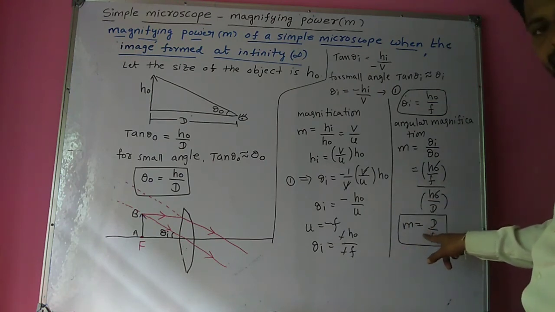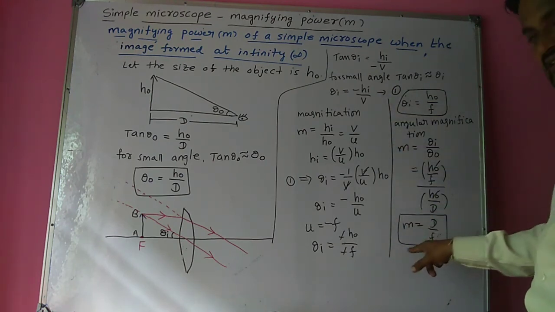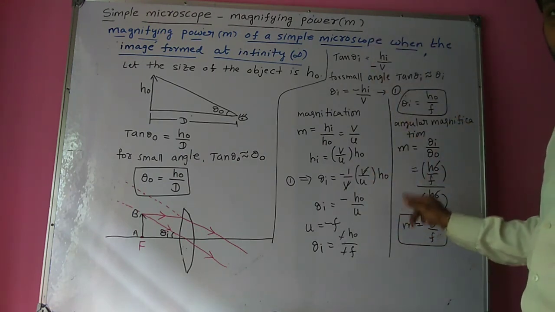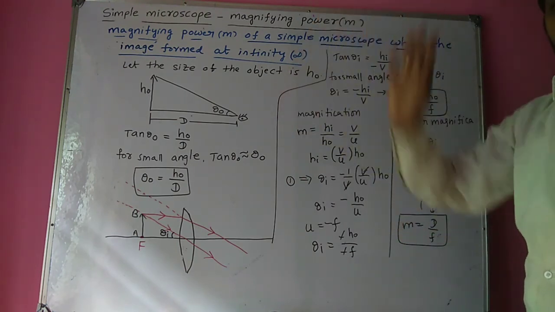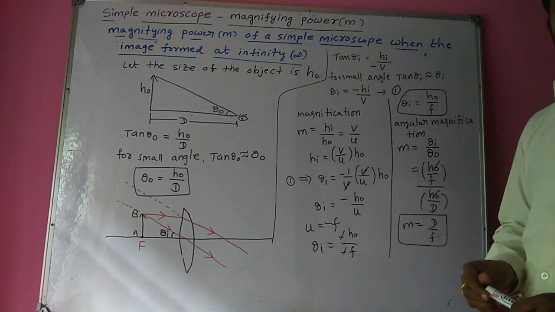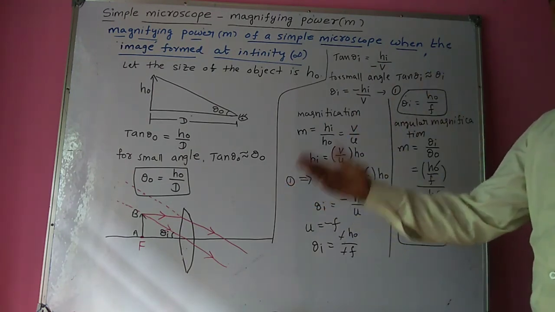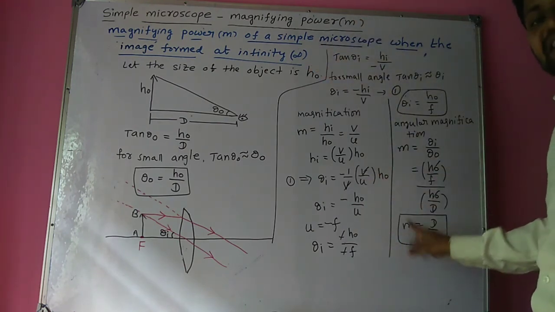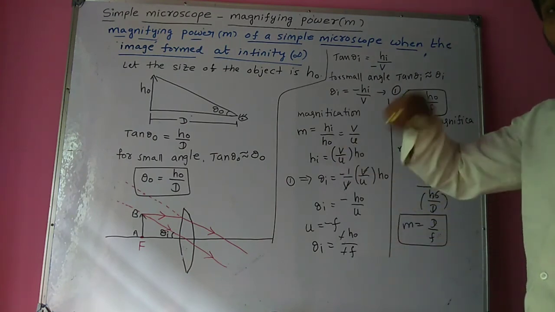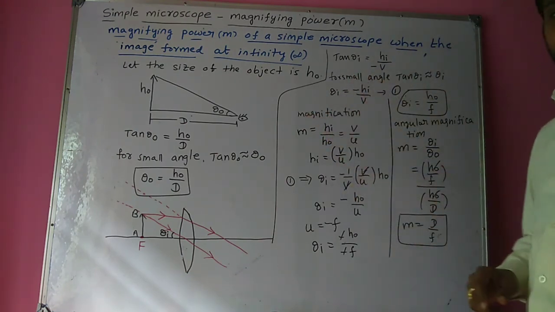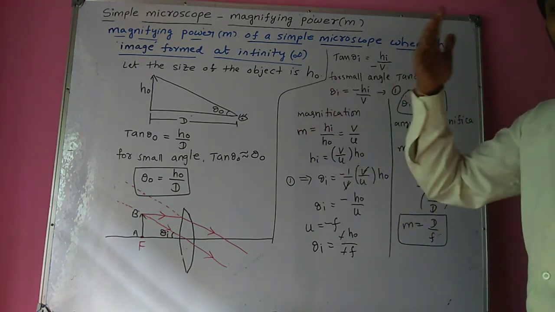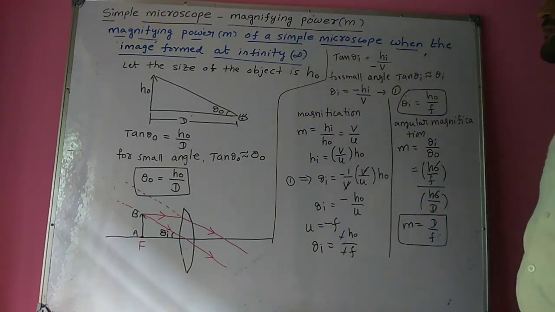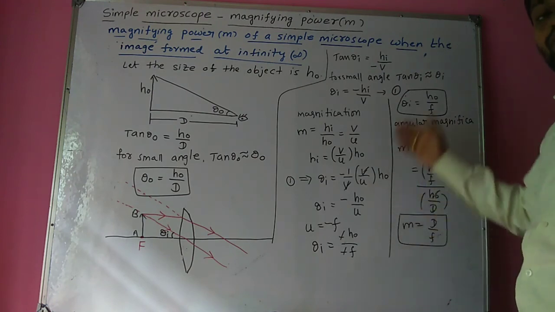That means if the magnification at the near point is 100, that is 100 times magnified, then when the image is formed at infinity, the magnification is 99 only, 1 less. At near point 10 means at infinity it is 9.